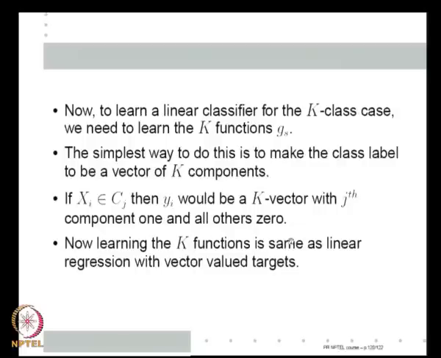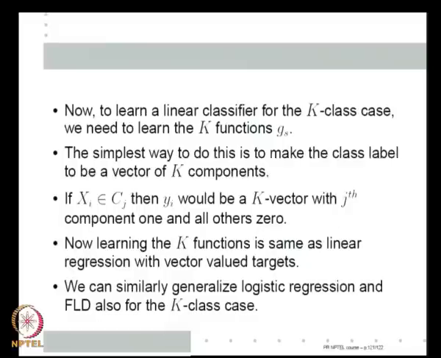There are of course some slightly different ways, and this by itself does not tell you how to generalize logistic regression or Fisher linear discriminant, because the structure of learning is slightly different there, but similar ideas can be used for generalizing logistic regression and Fisher linear discriminant also. So, in the next class, we will just briefly look at how to generalize logistic regression to k classes, and then we will step back.